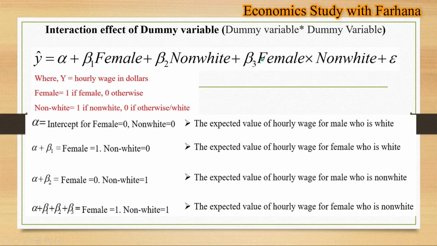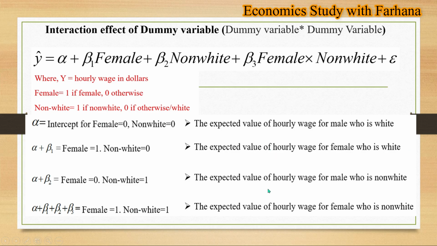Then beta 3 into 1 into 0 equals 0. So the only remaining value is alpha plus beta 1, which represents the expected value of hourly wage for a female who is white.